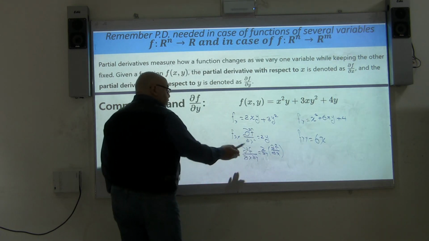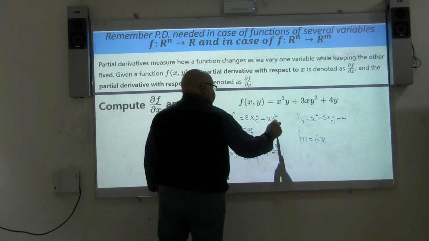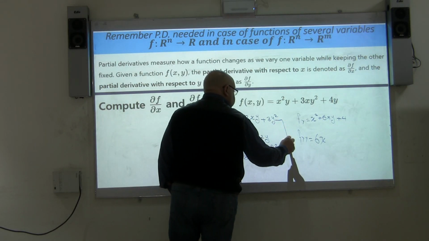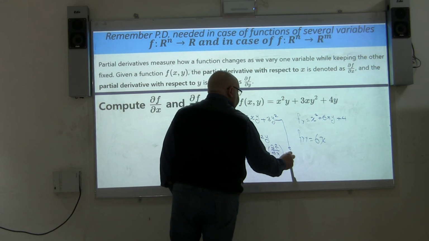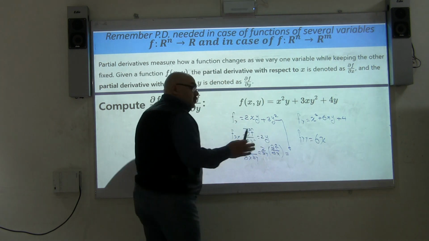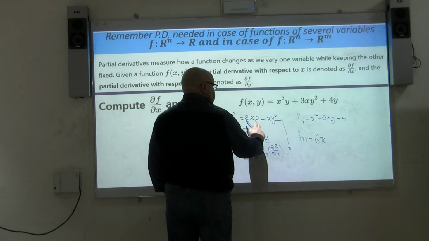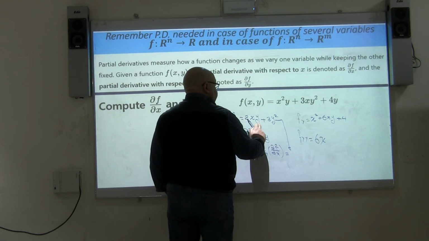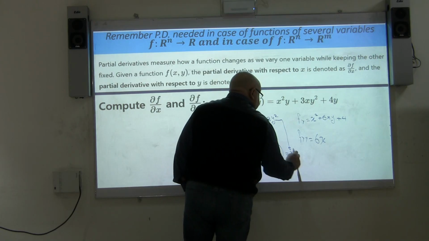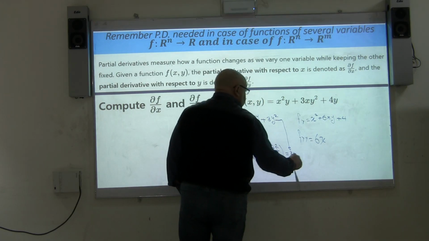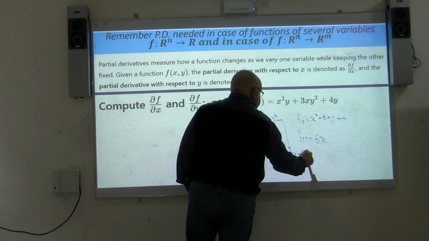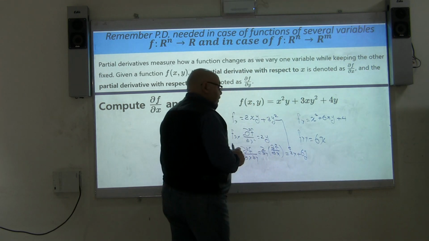So all I have to do in this case is to take the function which is differentiated with respect to x, then I differentiate the result with respect to y. Start differentiating with respect to y. Differentiate this guy, the derivative of y is 1 times 2x, which is 2x. Differentiate with respect to y, so it's going to be simply 6y as you can see.